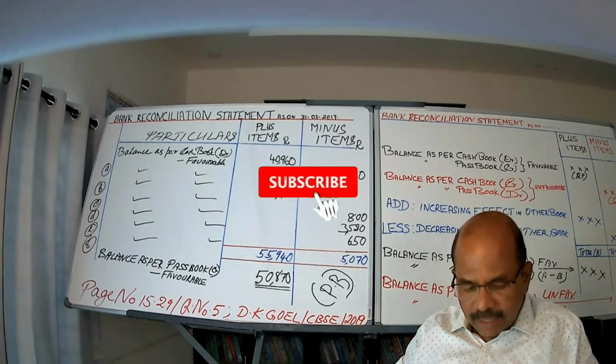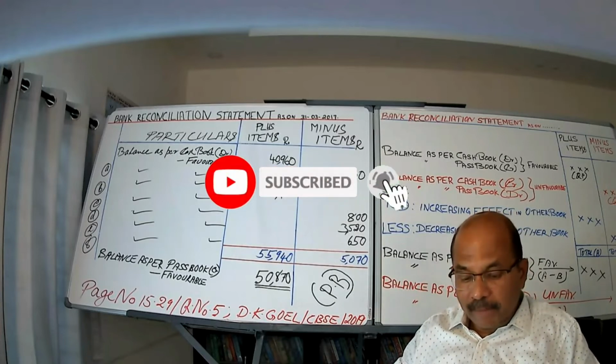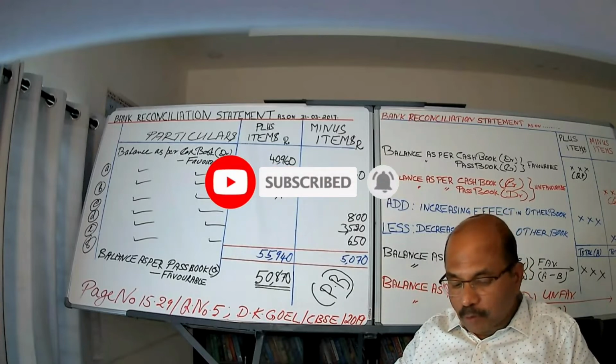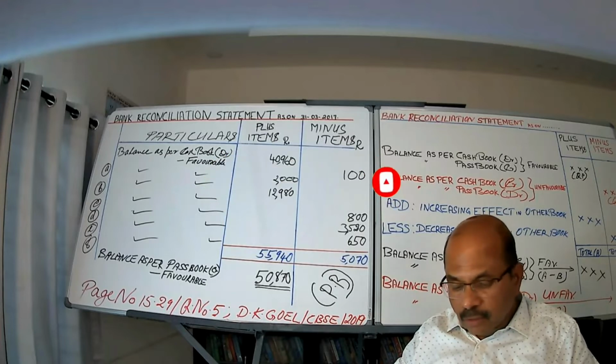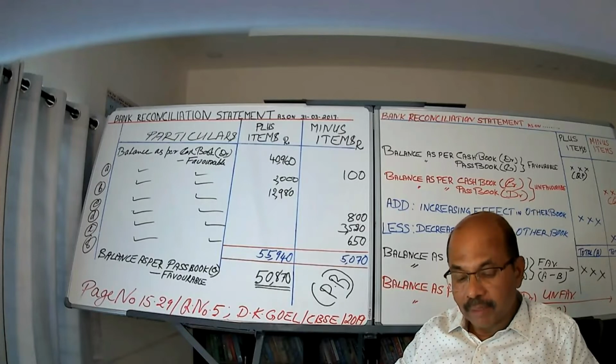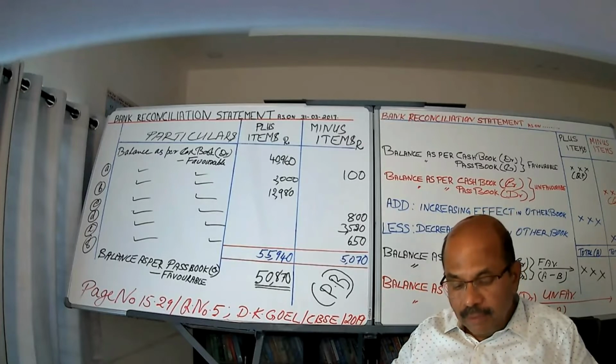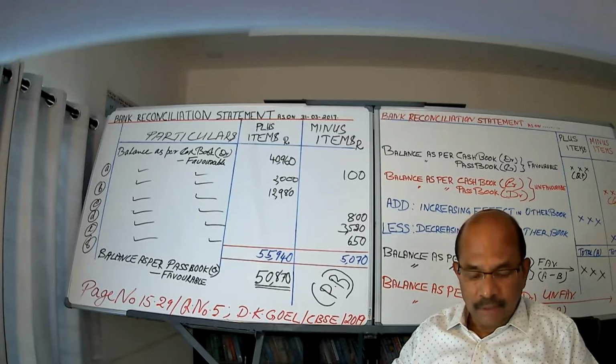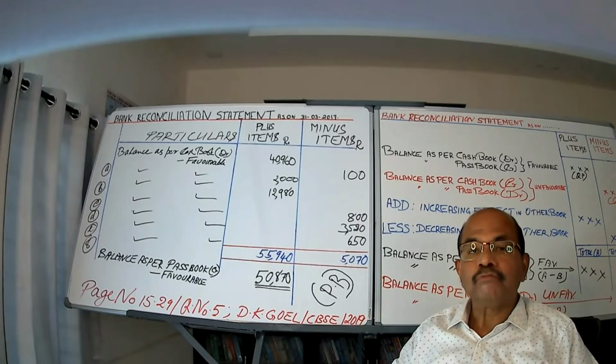So the question is like this. On comparing the cash book with the passbook of Naman, it is found that on March 31, 2017, a bank balance of rupees 40,960 was shown by the cash book. Obviously, balance as per cash book has been given. Keep that in mind. It differs from the bank balance with regard to the following.